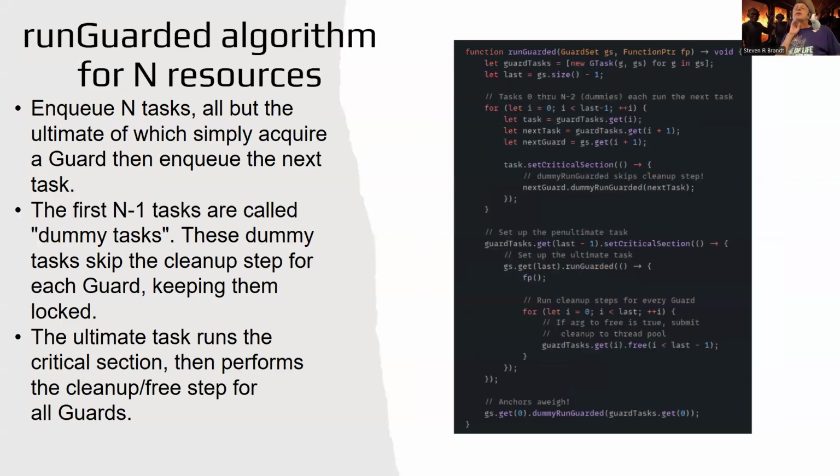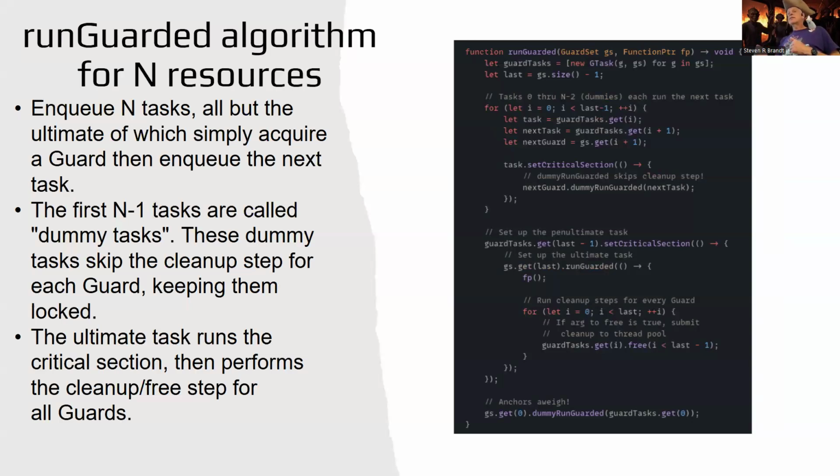Now we talk about run guarded for n resources, and this follows something straightforwardly from locks. If we want to get n guards, we're going to queue up n-1 so-called dummy tasks. We're going to sort the guards into a canonical order. We enqueue the first n-1 dummy tasks, which do nothing except stop the guard from running.